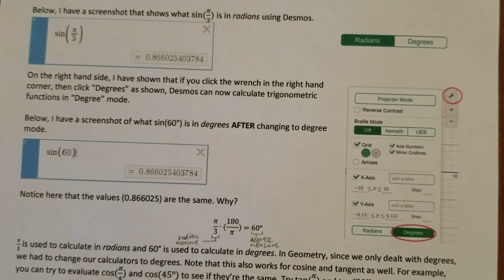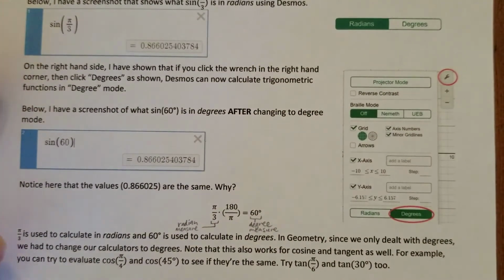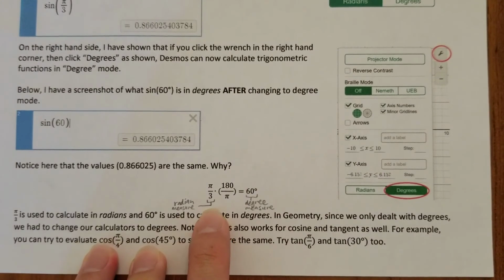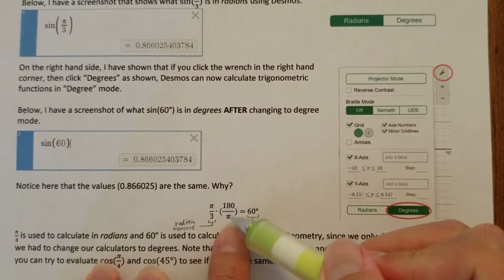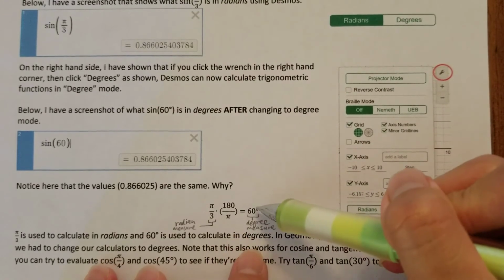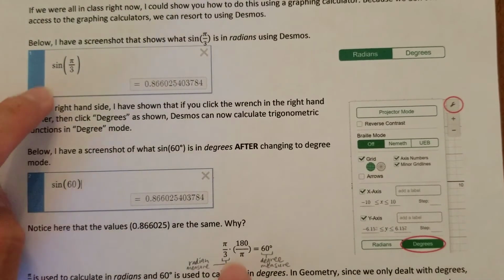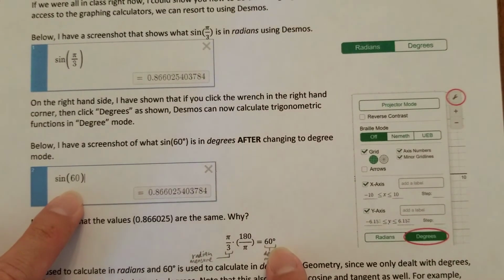Now, why might that be the case? Let's think about this here. Pi over 3 here, this is our radian measure. If we wanted to convert this to degrees, then it becomes 60 degrees. As you see here, pi over 3 in radians is the same thing as 60 degrees.